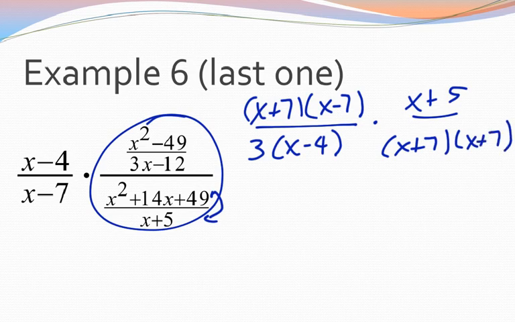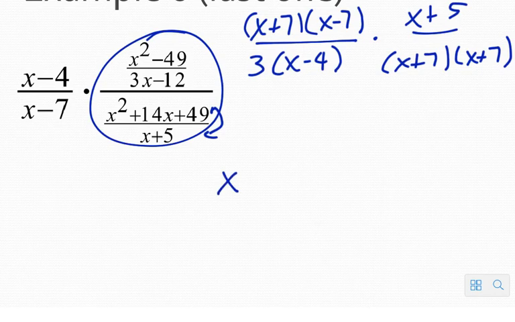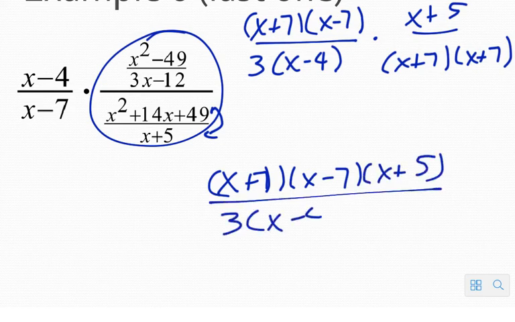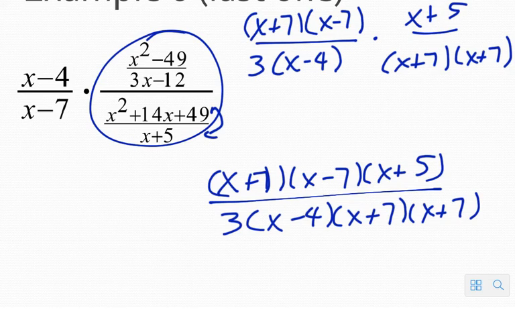Okay, and then if I write that all as one product, you can simplify right here. You could take this away and this away, and it just kind of makes the rest of the problem a little bit easier, so I think I'm going to do that.